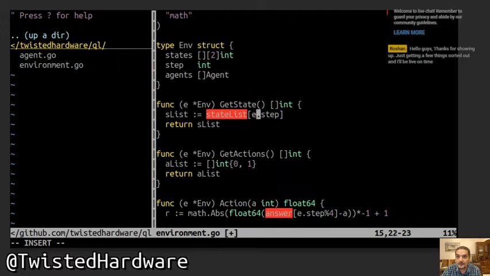I will also change this to e.states. So I'm reading one state, I'm using the step as my index, and I don't think I wanted to repeat. I think I wanted to do one simulation and it will run through the whole thing, and then once it reaches the end it will stop the simulation or something like this.